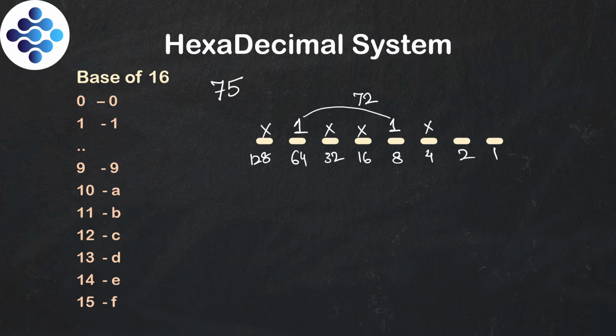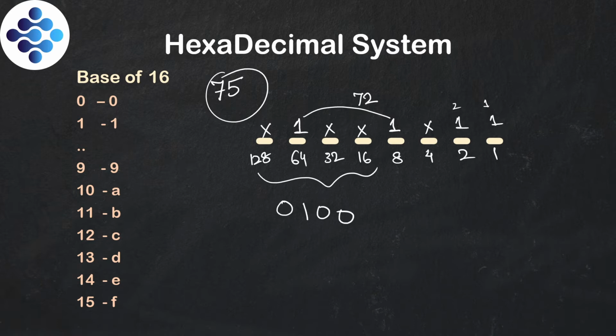We don't take 4, we'll take 2 and 1, so total is 75. So over here, the first 4 bits would be 0, 1, 0, 0, and this portion would be 1, 0, 1, 1.